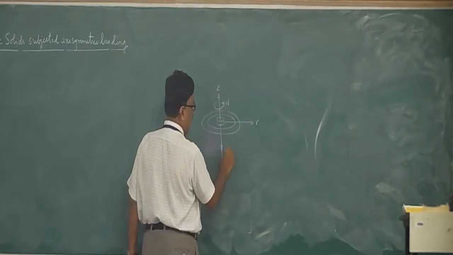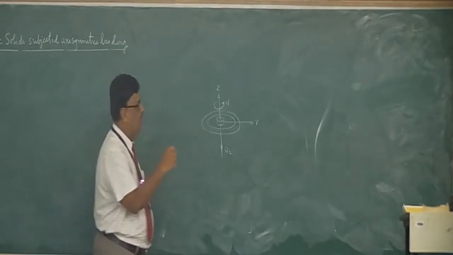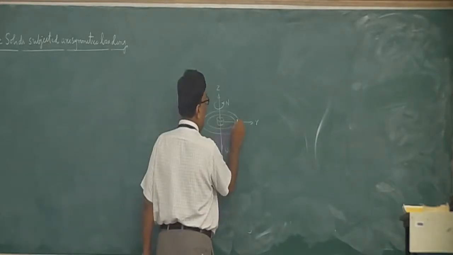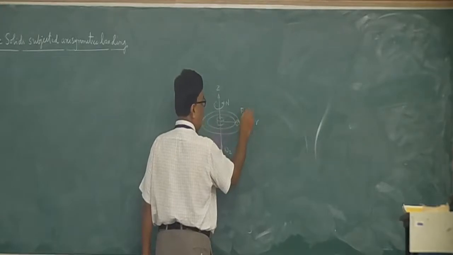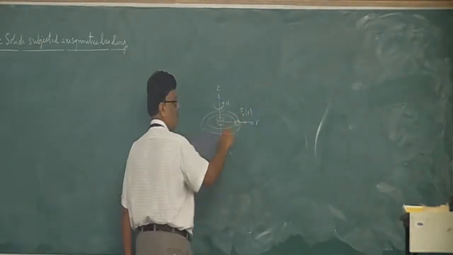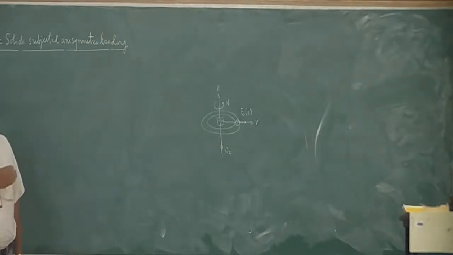Let us say WZ is the load which acts in this direction. And since it is rotating, the mass of the rim will have a centrifugal force, and this is going to act in the R plane. Therefore, this type of problem can be handled very easily by considering it as a two-dimensional problem.